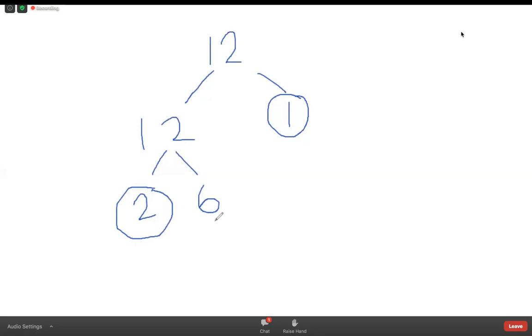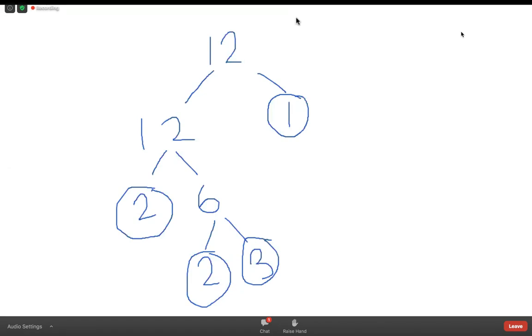And then 6, we have 2 and 3. So 2 and 3 are both prime numbers. So we're going to circle those, and that's the end of our tree. You can think of it like an upside down tree with the branches going down. Good.